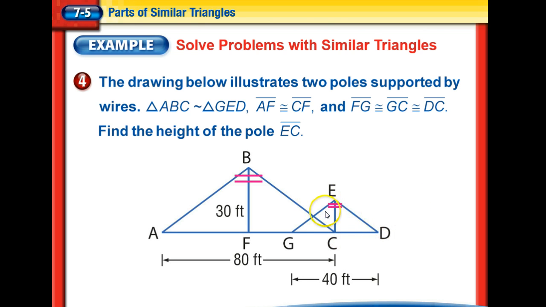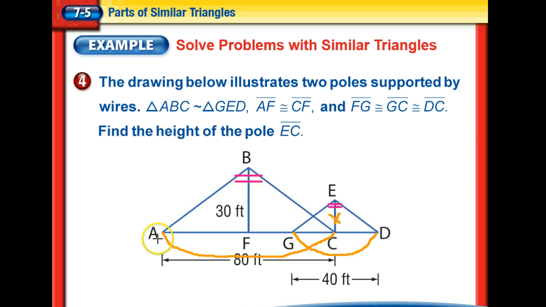Find the height of the pole EC. So again, we are looking for this right here. Well, looking at this picture, I know from A to C is 80 feet. So I've got a proportion with my 80 and my 30. And I know from G to D is 40 feet. And how much does that leave for X?